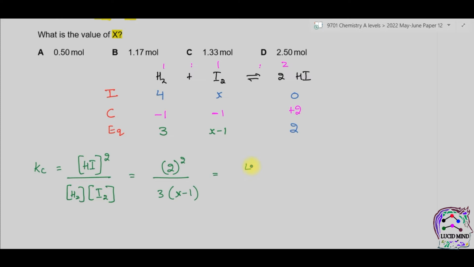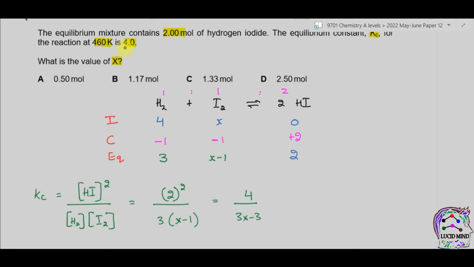Now we can solve this. We have 4 over 3X minus 3. The value of Kc is given in the question. The value of Kc is 4. So we equate it with 4. 4 is equal to 4 divided by 3X minus 3. Or 4 into 3X minus 3 equals 4. So it will be 12X minus 12.